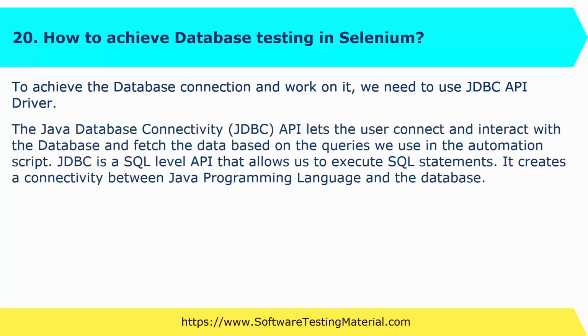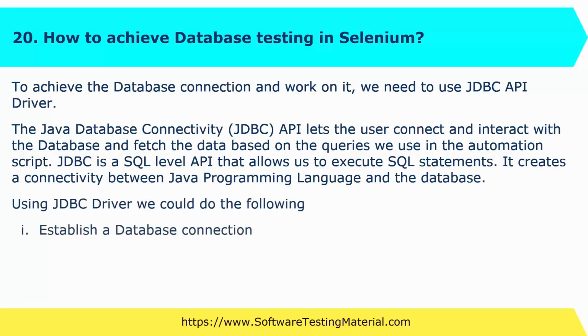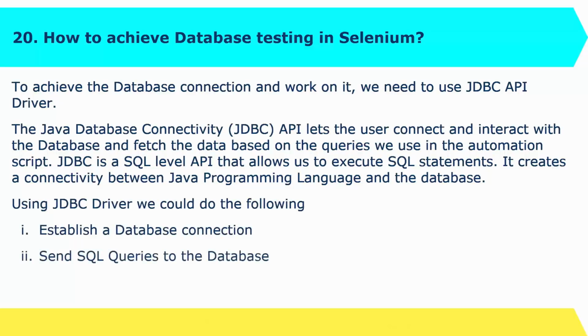JDBC is a SQL level API that allows us to execute SQL statements. It creates a connectivity between Java programming language and the database. Using JDBC driver, we could do the following. Establish a database connection. Send SQL queries to the database. Process the results.